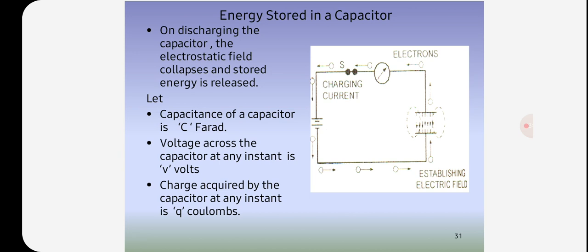On discharging the capacitor, the electrostatic field collapses and the stored energy is released. Let the capacitance of a capacitor be C farad. Voltage across the capacitor at any instant is V volts. Charge acquired by the capacitor at any instant is Q coulombs.